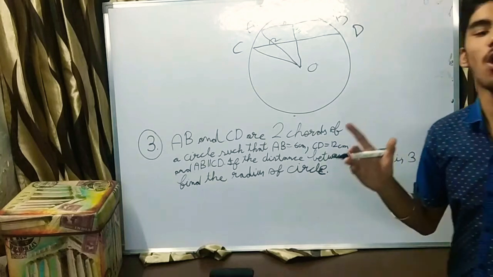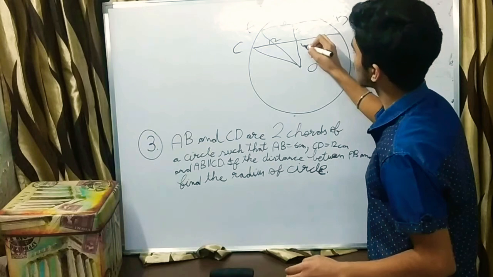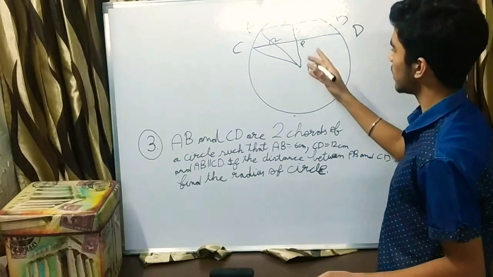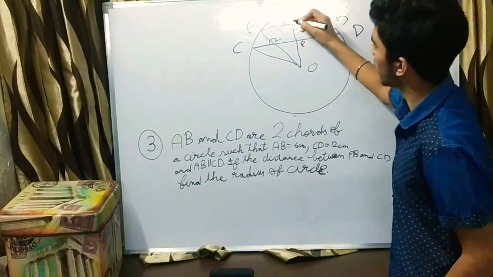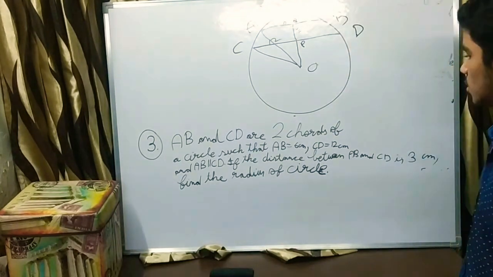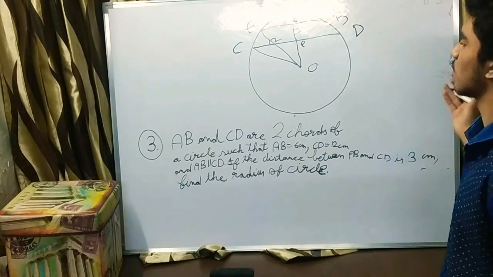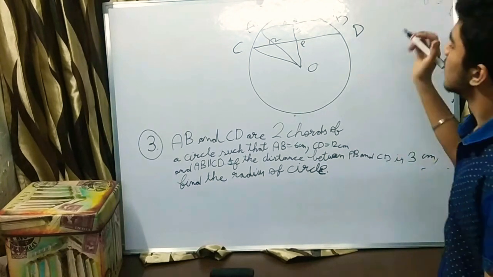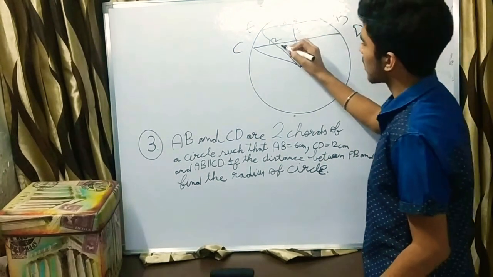So now for easier calculations, let us first take points. Let it be P, and let it be Q. So we have to basically find the radius of the circle. Now this OP is unknown. Now let us see.